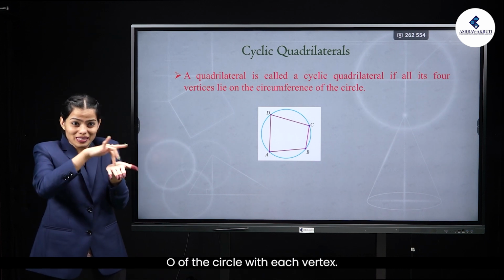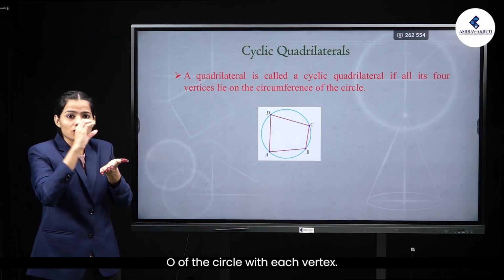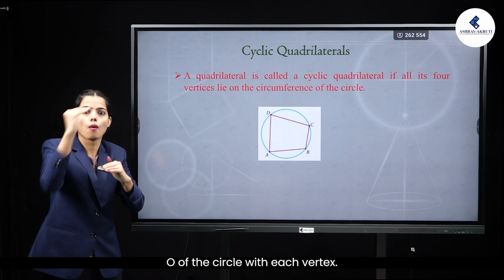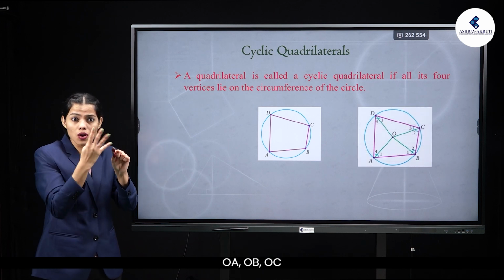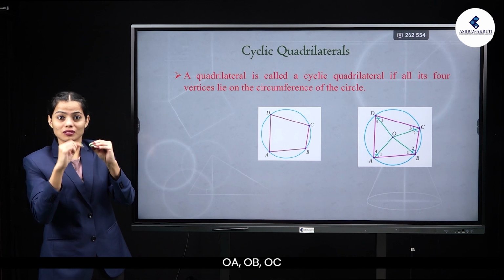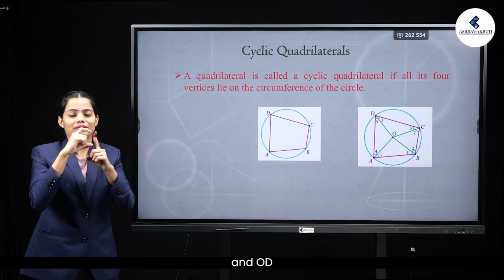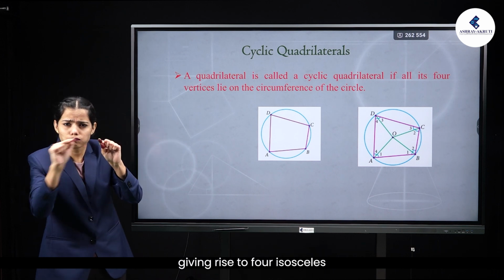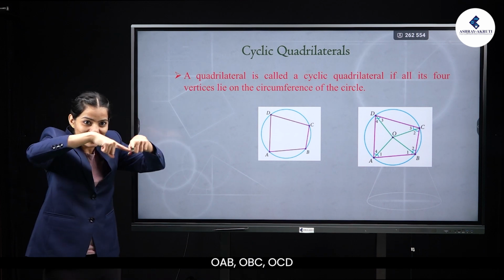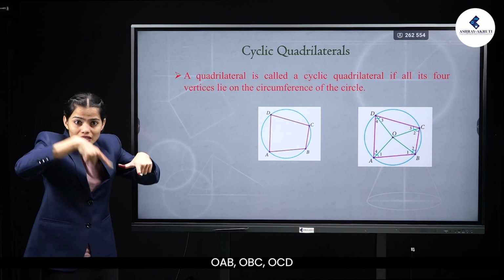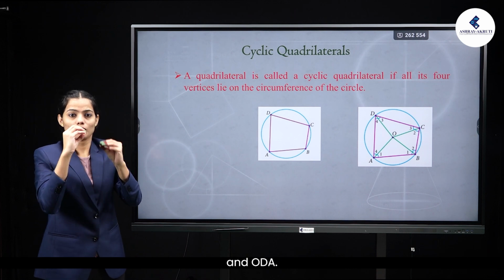Connect the center O of the circle with each vertex. You now see four radii OA, OB, OC and OD, giving rise to four isosceles triangles: OAB, OBC, OCD and ODA.